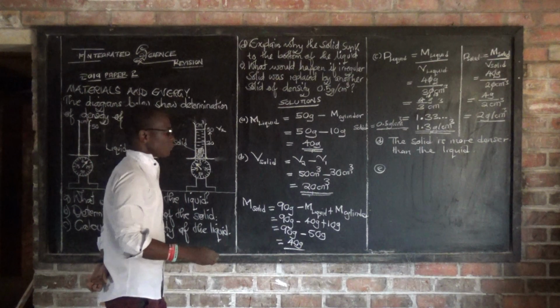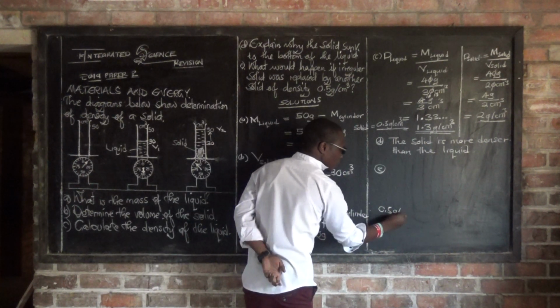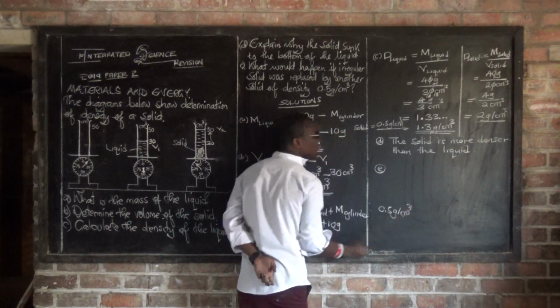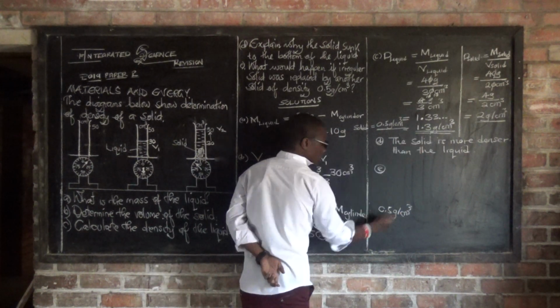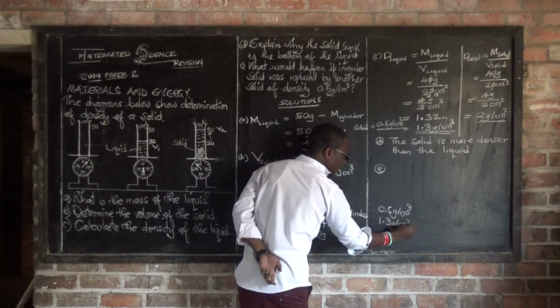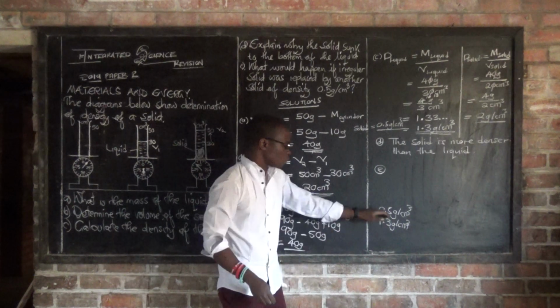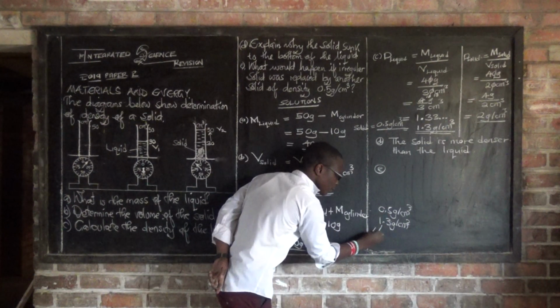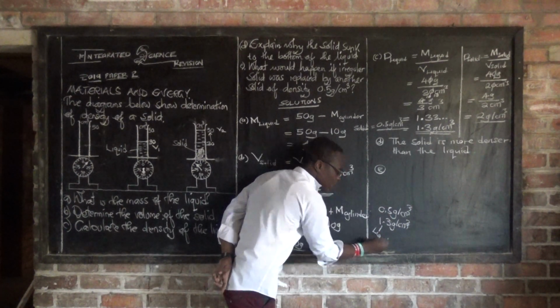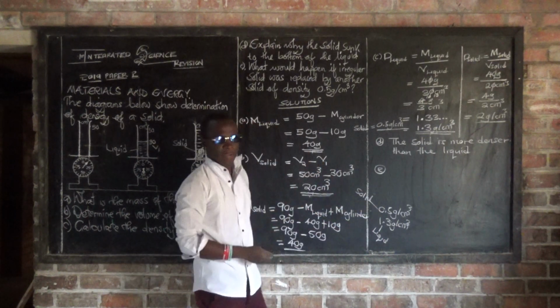Now let's compare. When we look at 0.5 grams per cubic centimeter and this one, 1.3 grams per cubic centimeter. Are we together? Which density is bigger between the two? This one is for the liquid, right? This one is for the solid. So which one is bigger than the other?